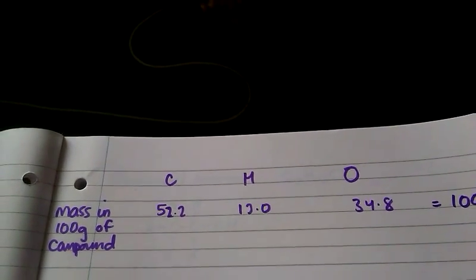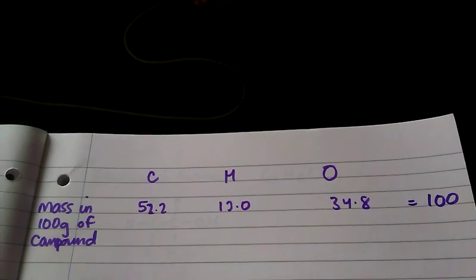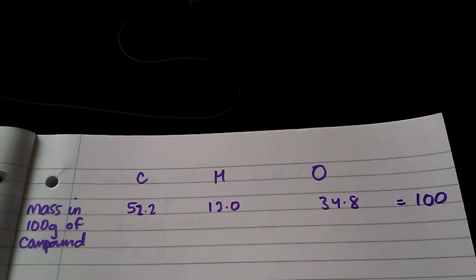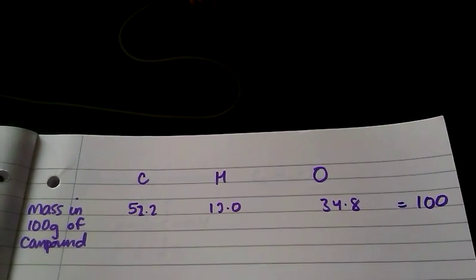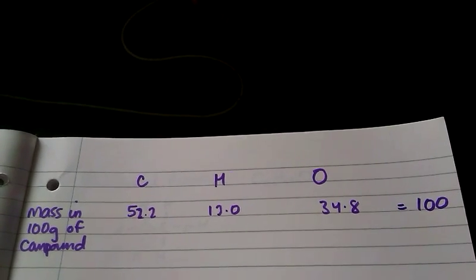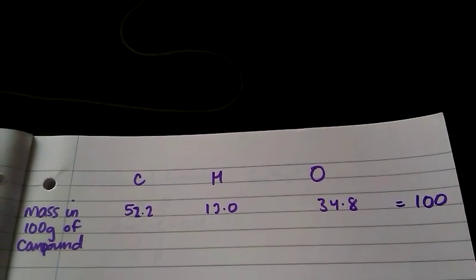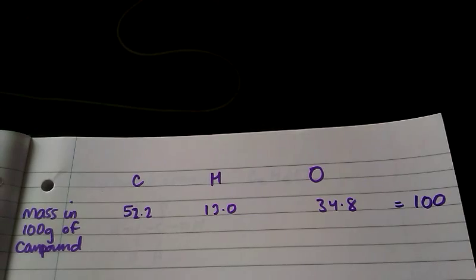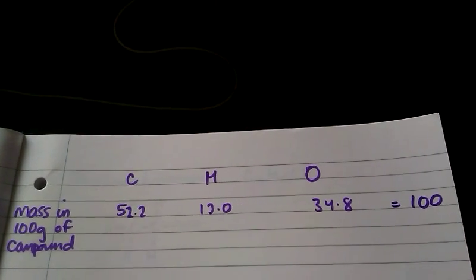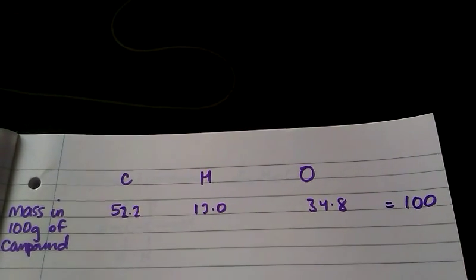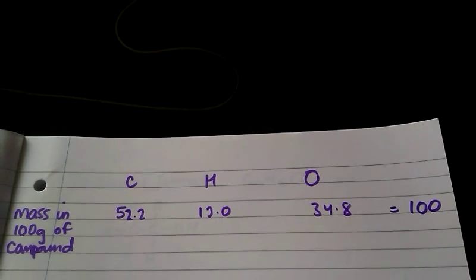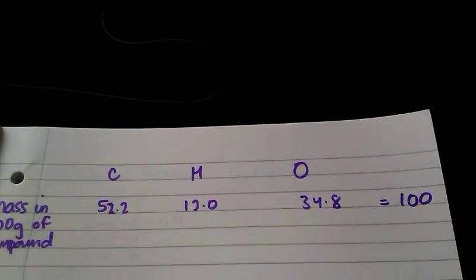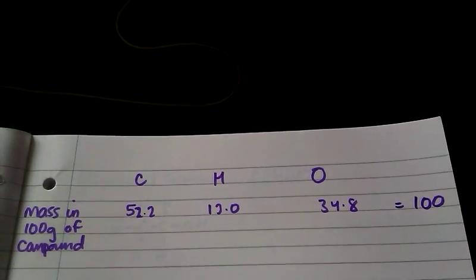So if we say we had 100 grams of this compound, then the percentage compositions can then be expressed in grams. So out of that 100 grams, we have 52.2 grams of carbon, 13 grams of hydrogen and 34.8 grams of oxygen. So those three numbers add up to 100.